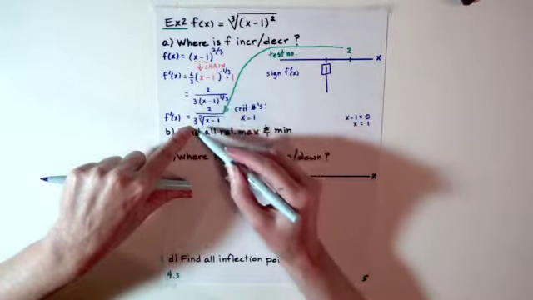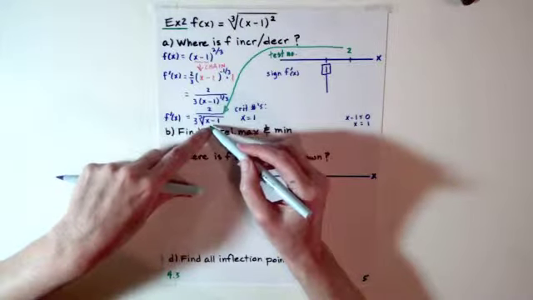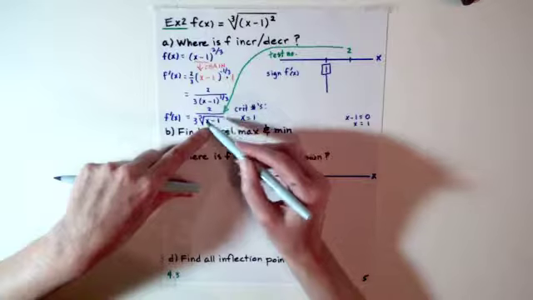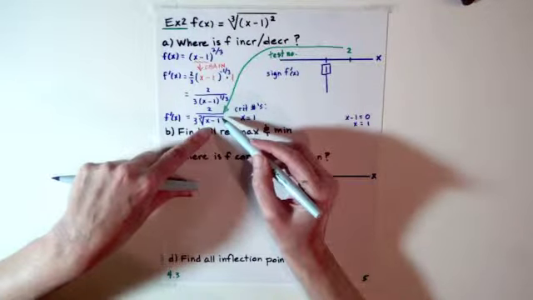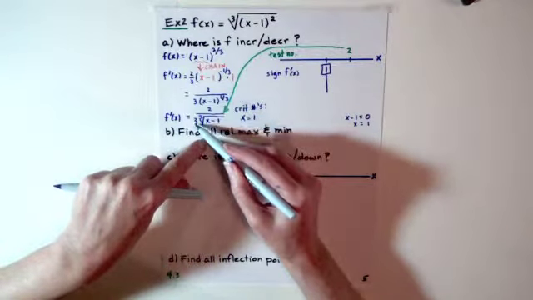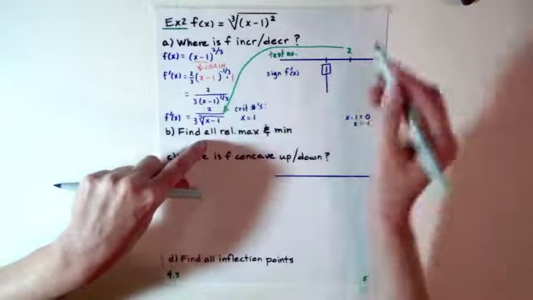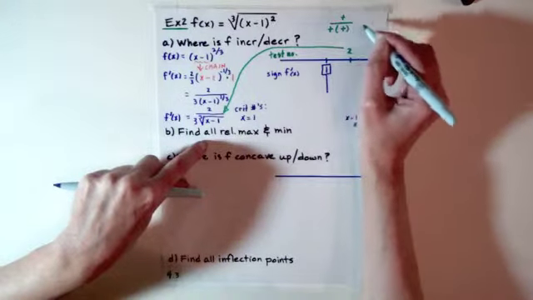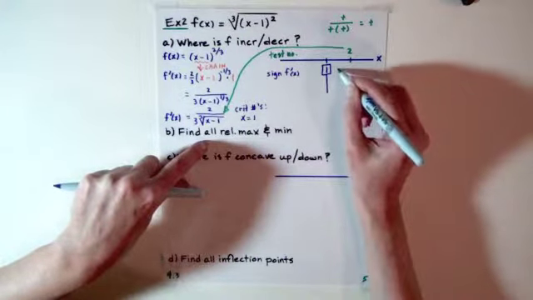Top's always positive, the 3 is always positive. If I put 2 in here, I get 2 minus 1, which is 1. That's positive, and I'm taking the cube root of a positive, so that'll be a positive answer. So I have positive over positive times positive. That overall sign is going to be positive.